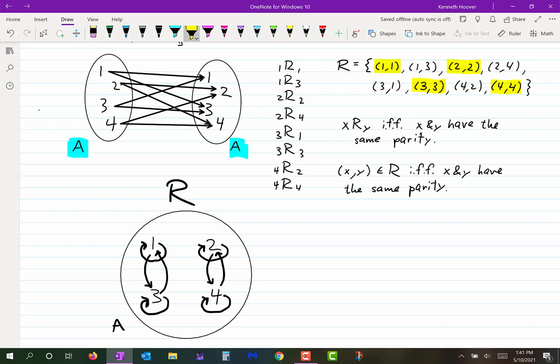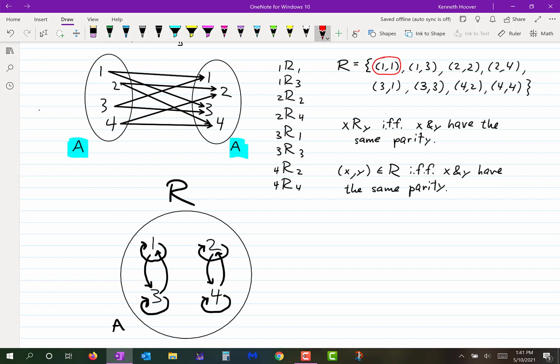Okay, let's see if this one is symmetric. This takes longer. So here's 1, 1. I'm going to flip that order, and instead of 1, 1, it's going to become 1, 1.